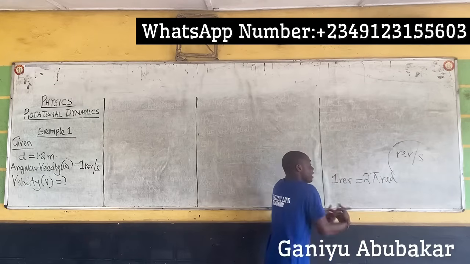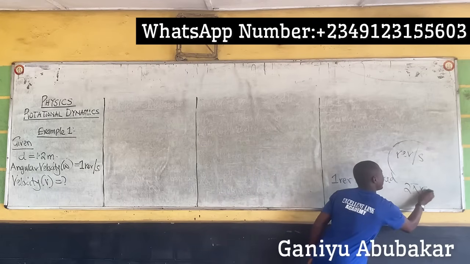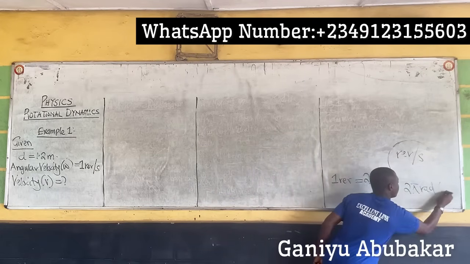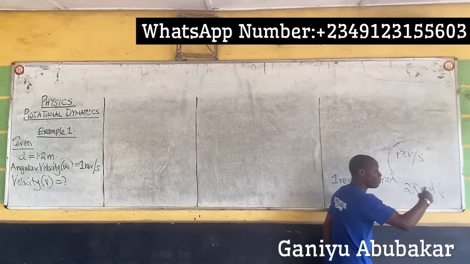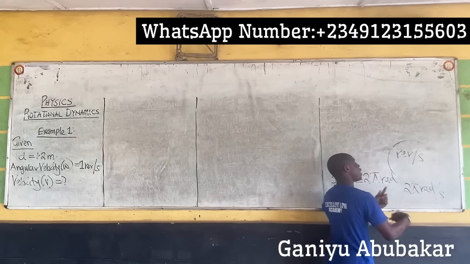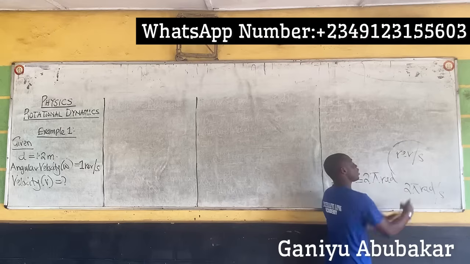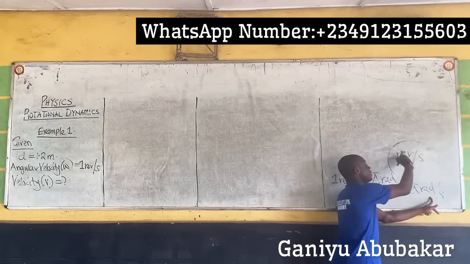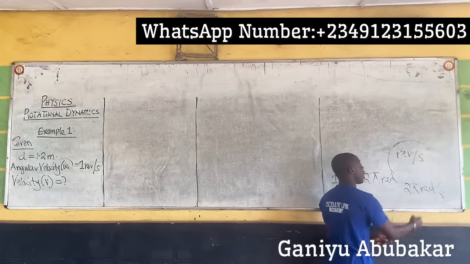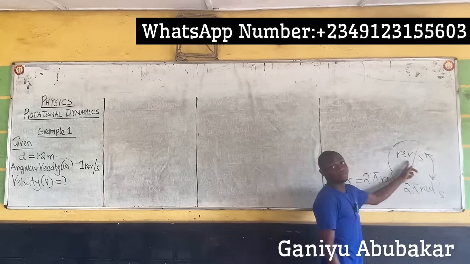So this one here signifies 2 pi rad, and this is per second. What we are familiar with was rad per second, and rad per second is the same thing as saying revolution per second. So revolution signifies 2 pi rad, then per second is this. So these two are the same thing, please.